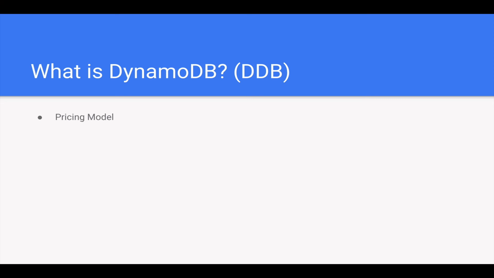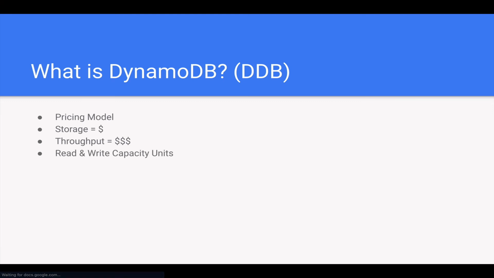Dynamo's pricing model is really strange to get used to, but once you get used to it, it makes a little more sense. Storage is cheap. Again, that's something I want you to take away from this class. You probably already knew it, but storage is going to be your cheapest part of Dynamo. Your throughput is what is actually going to cost more and what you have to optimize for when you're optimizing for cost.